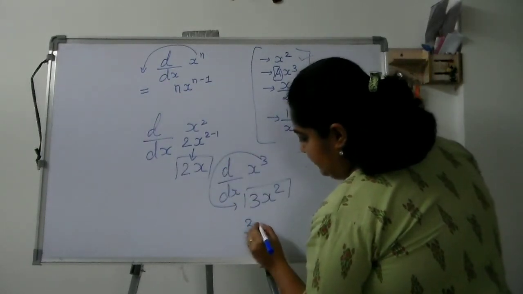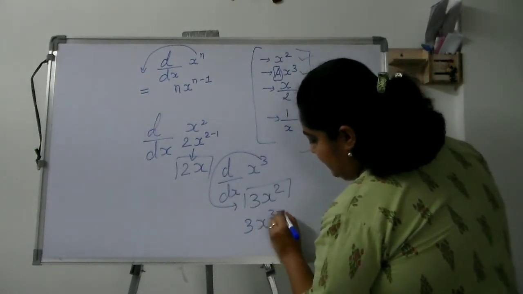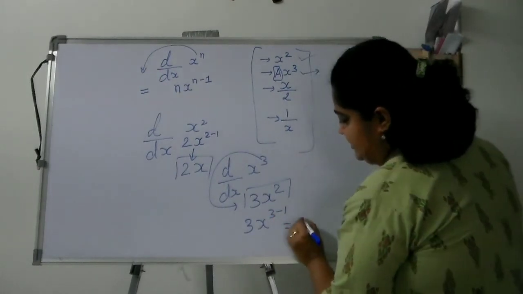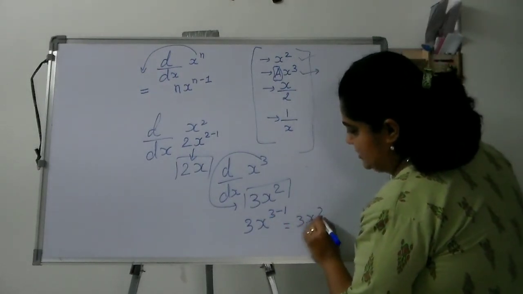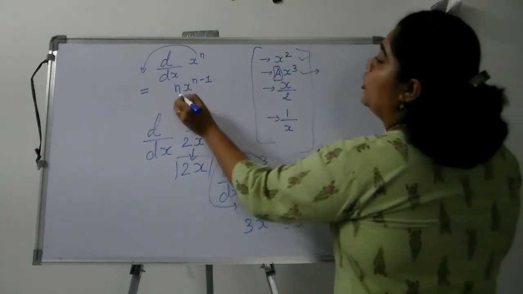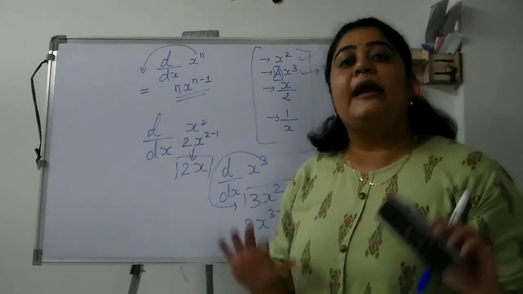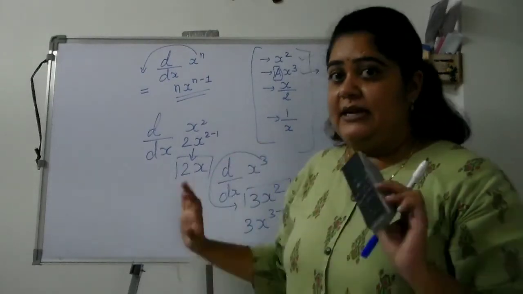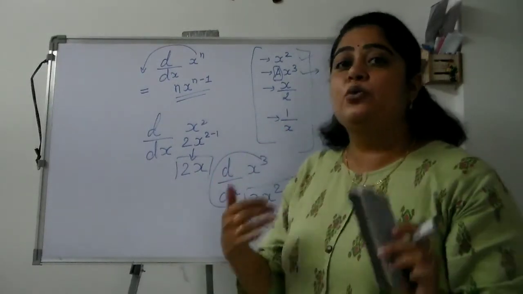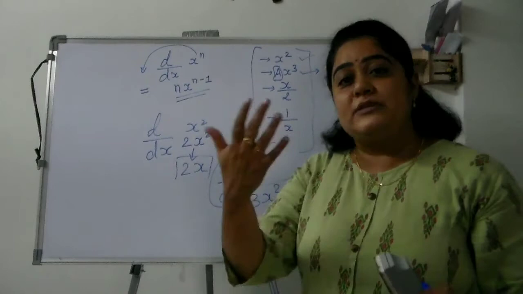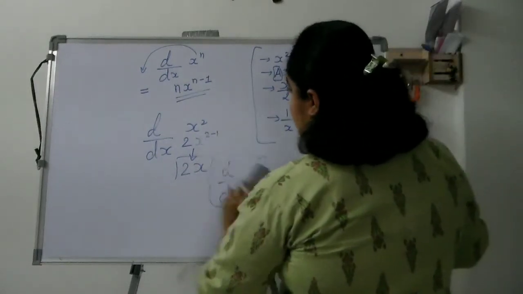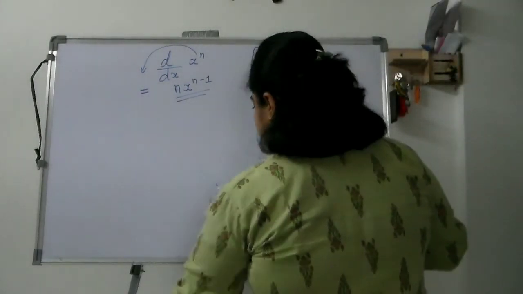So it is 3x raised to 3 minus 1, which is 3x square. So this is a formula that you have to always remember whenever you are doing any kind of differentiation. It is maths that will be used in doing our problems in physics.